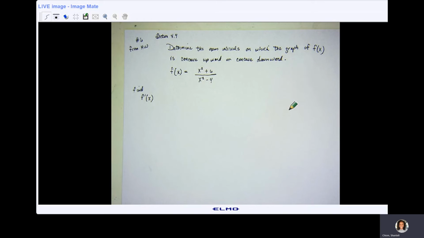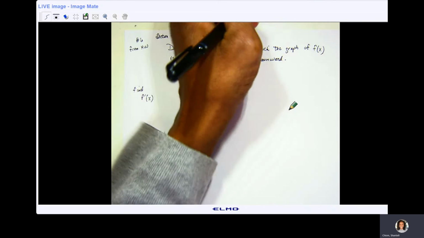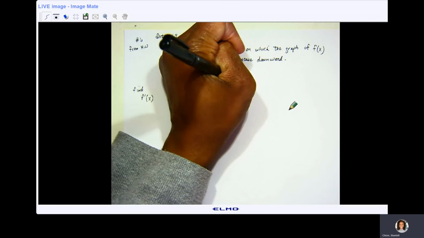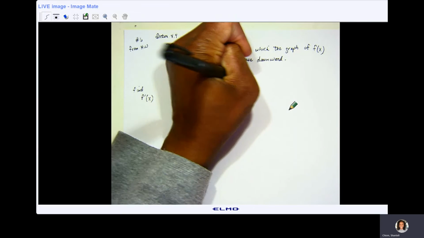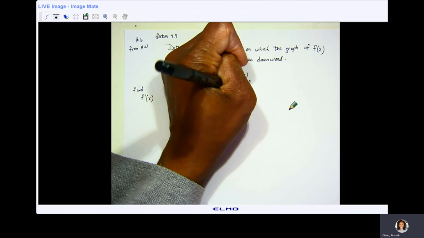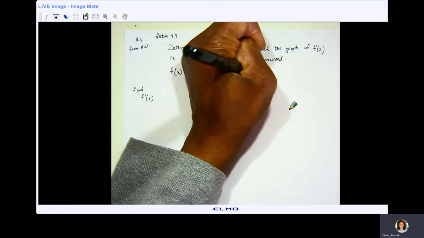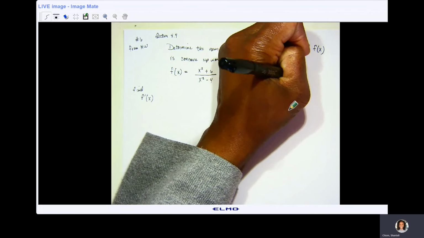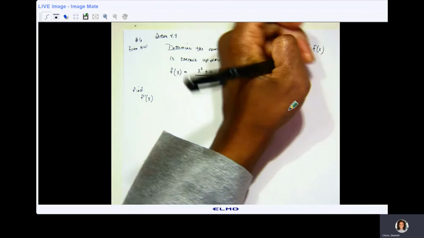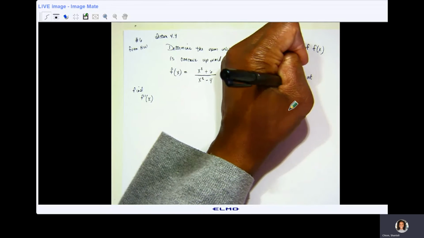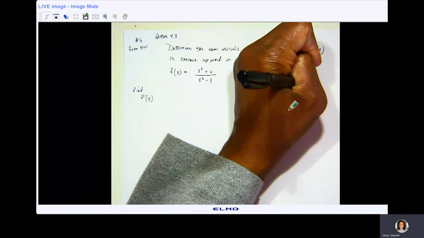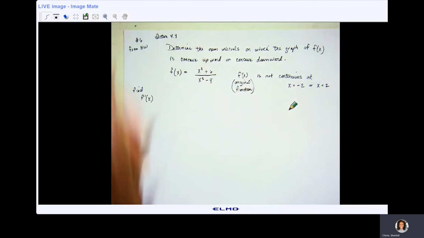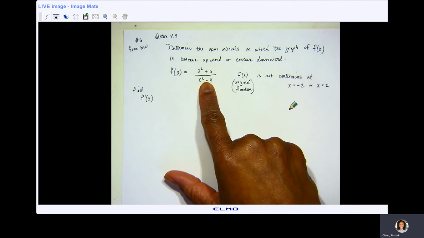So f of x, the original function, is not continuous at x equals -2 or +2, because you would get 0 in the denominator.